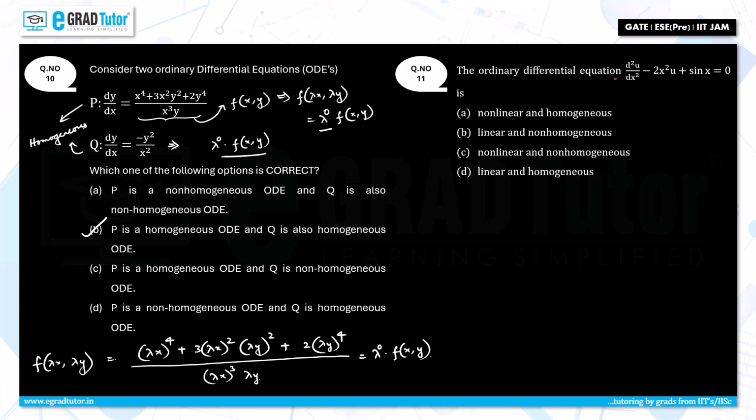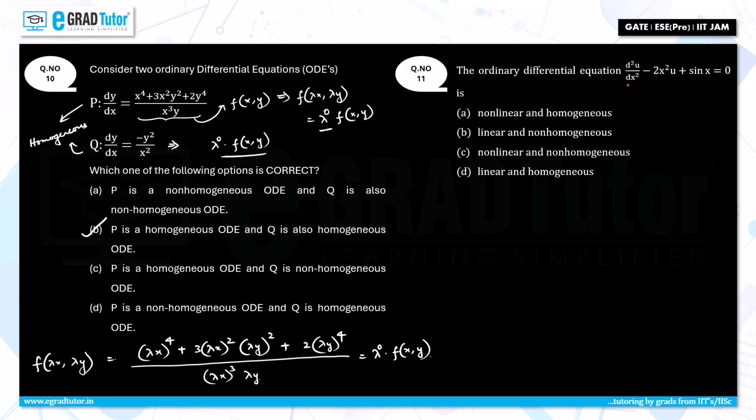The ordinary differential equation d square u by dx square minus 2x square u plus sin x equal to 0. Okay, he is asking us to check whether this is linear or non-linear or homogeneous or non-homogeneous. Okay, how do you do it?